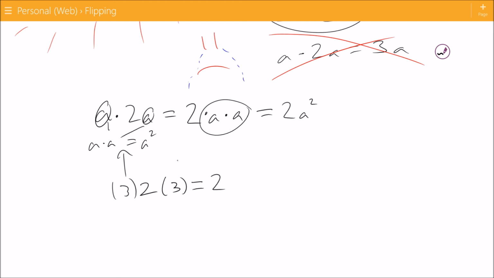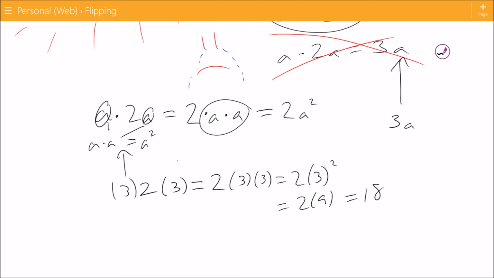I'm going to change the order: 2 times 3 times 3, and we said this was the same thing as 2 times 3 squared, and 3 squared is 9, so 2 times 9, and that's 18. Compare that to if this was 3 times a, which we said it could be from up there. 3 times a would be 3 times 3, which would be 9. That would not work. We would be sad.